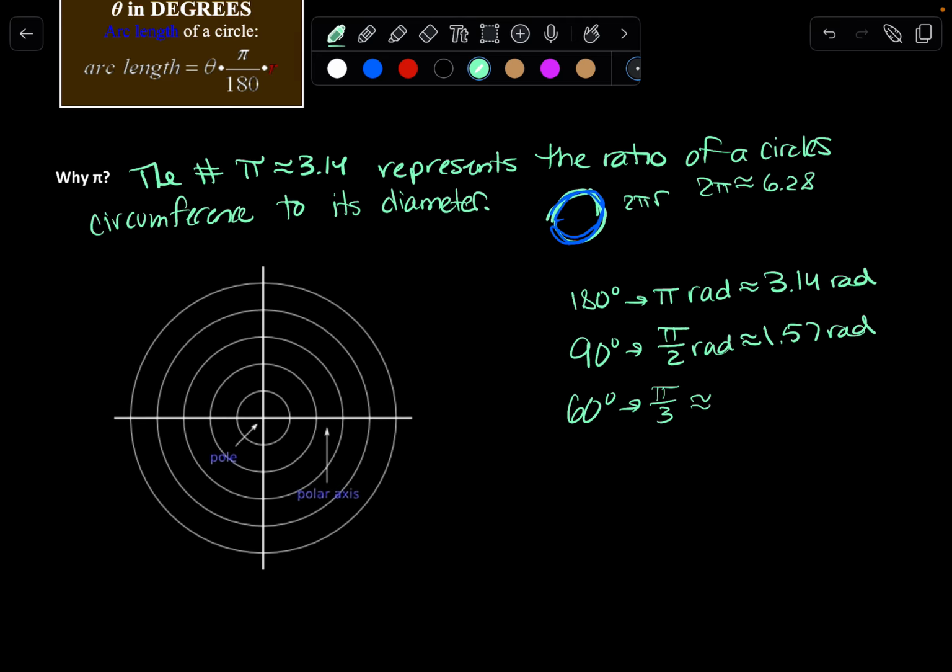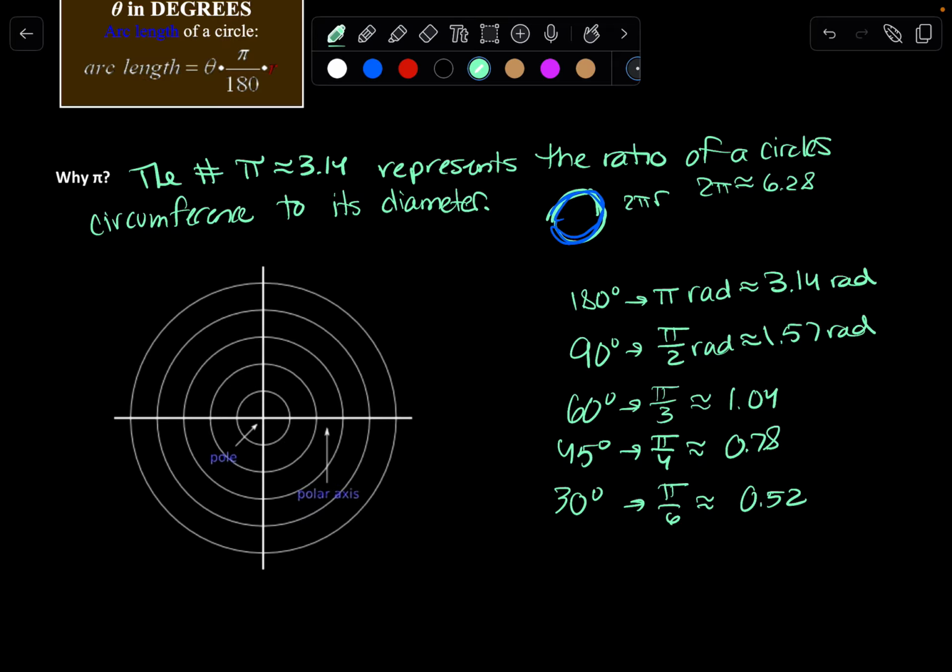That's going to be about 1.04. And then 45, that is pi over 4. That's equivalent to 0.78. 30 degrees, that's pi over 6, equivalent to 0.52. And then 360 is going to be 2 pi, which is about 6.28 radians.